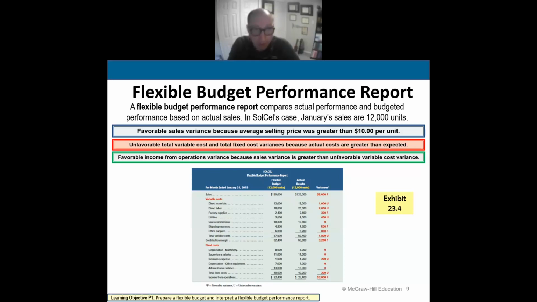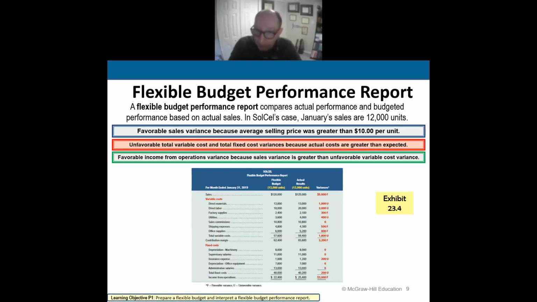We can see going down, we have a mix between favorable and unfavorable variances. Direct materials, direct labor, the actual came in higher than the budgeted amount, so that's unfavorable. Factory supplies came in 300 less than the budgeted amount.